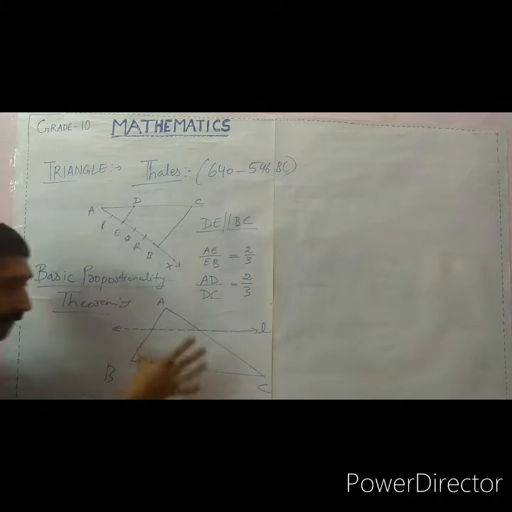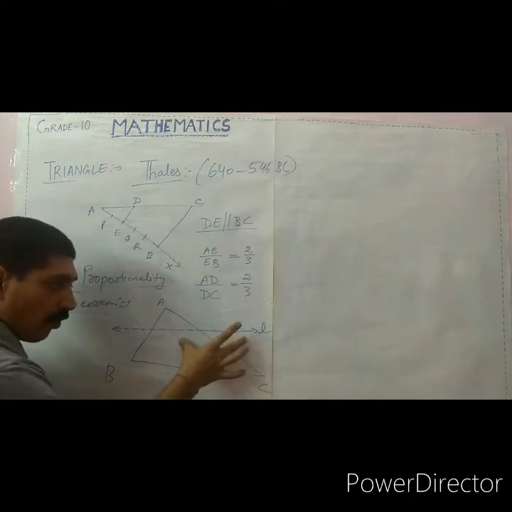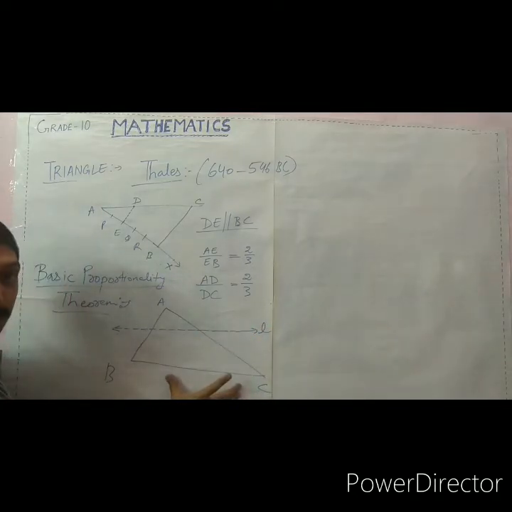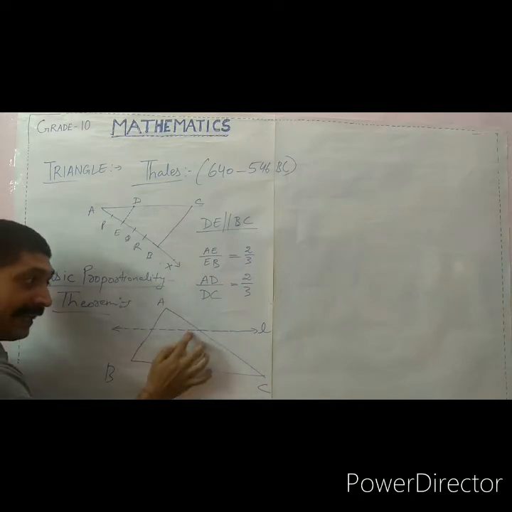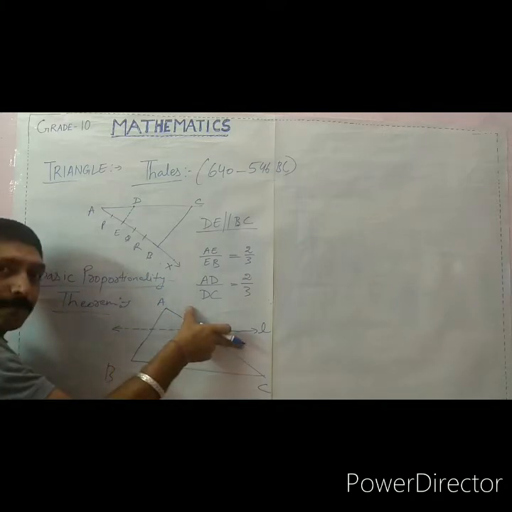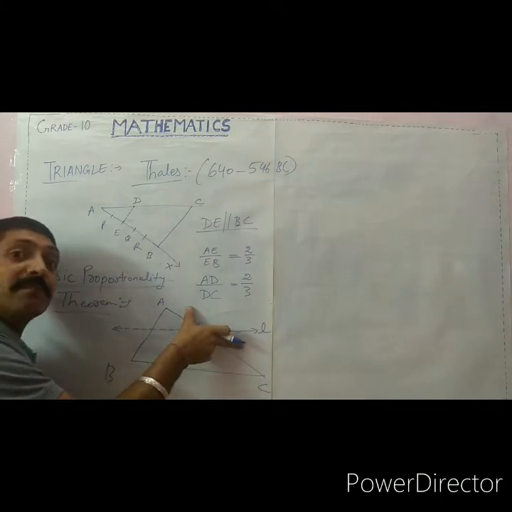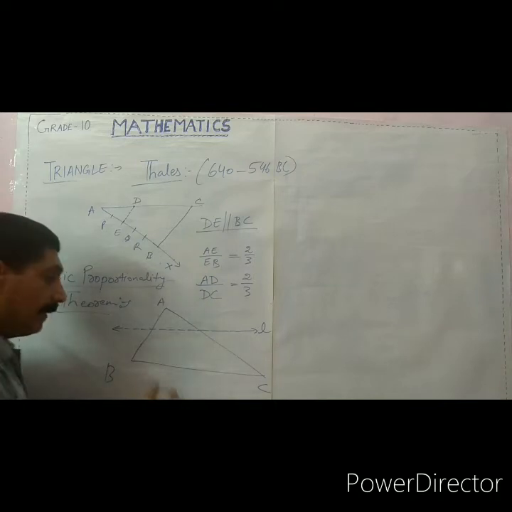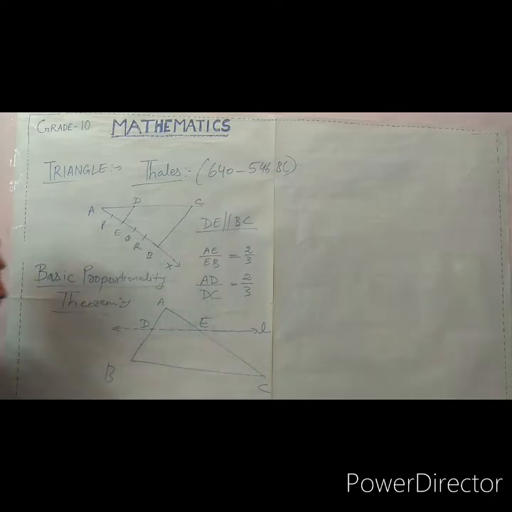Here, if line L is drawn parallel to side BC, then this line divides the other two sides, AB and AC, in the same ratio or proportion. Let this point be D and this point be E.